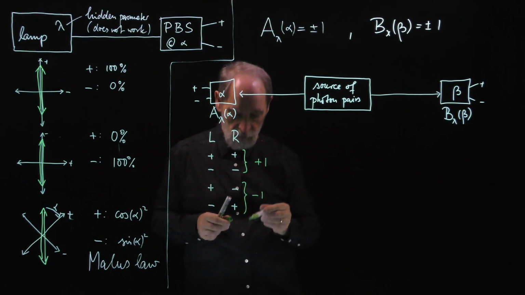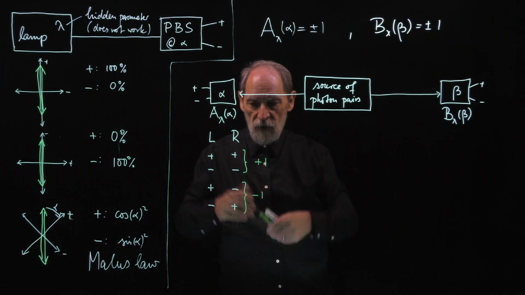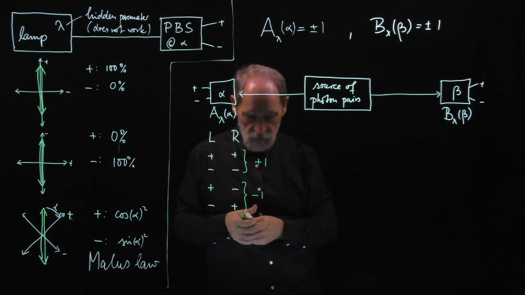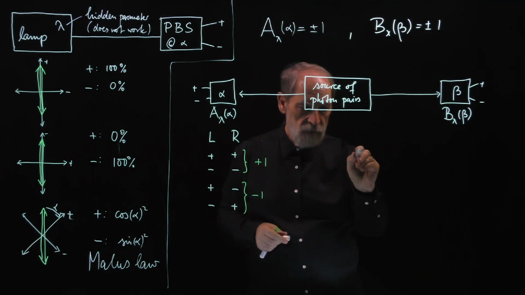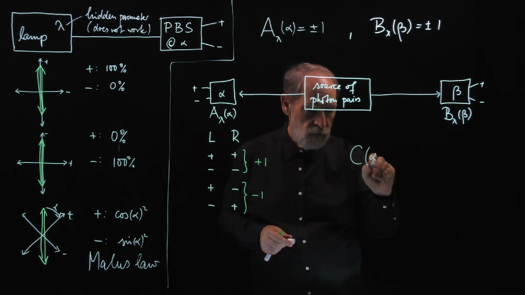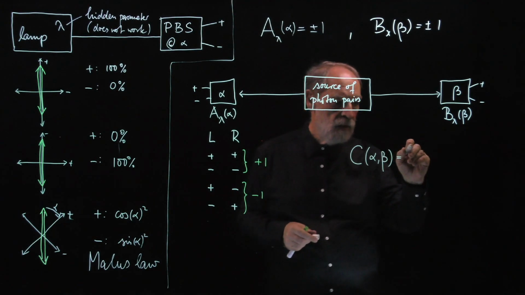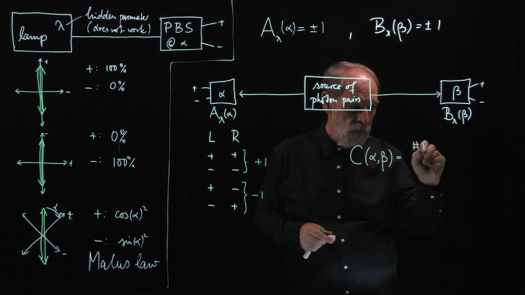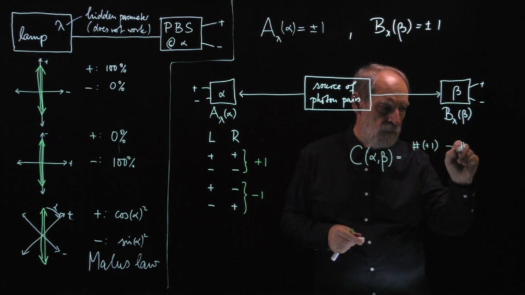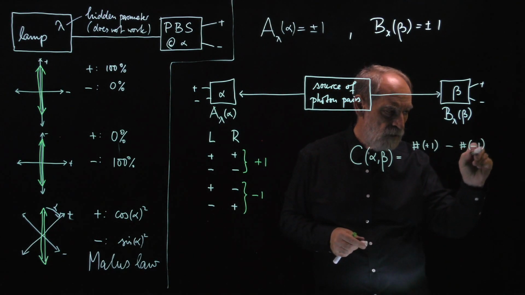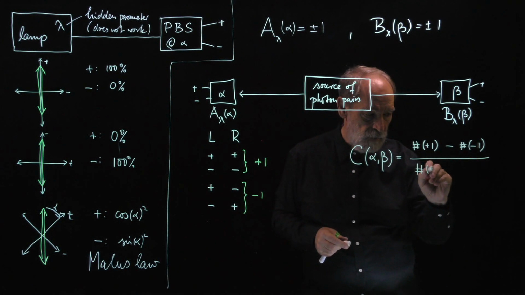When we have plus on one side, minus on the other side, we have a negative correlation and we call that -1. And now we do this very often and then we average over these results, and that gives us a correlation function, a correlation that depends on the settings alpha and beta, and that is simply the number of positively correlated events minus the number of negatively correlated events divided by their sum.